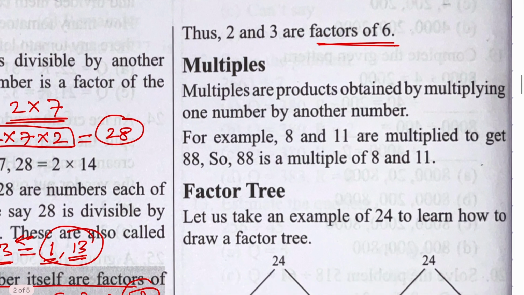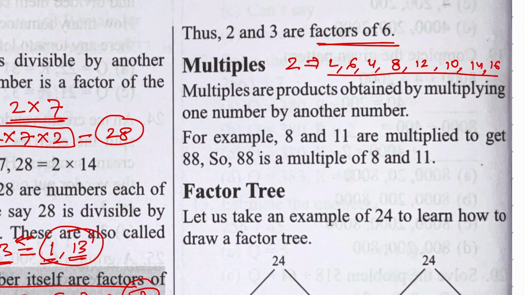Multiples. What is a multiple? Multiples means if we multiply two factors, then the answer, the product, is called a multiple. Say for example, multiples of 2: 2, 4, 6, 8, 10, 12, 14, 16. And multiples of 3, that means the table of 3, simple.